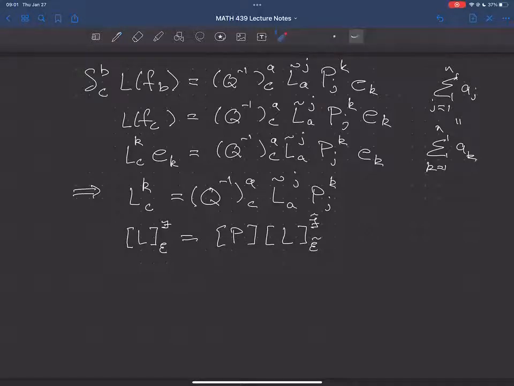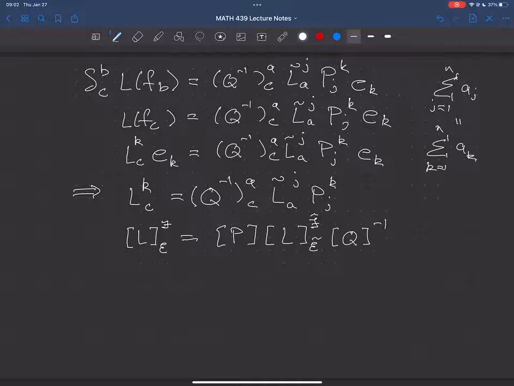And then the other thing being summed over here is A. Again, the lower index means it goes on the left, and the upper index means it goes on the right, so that works out. So this is Q inverse.